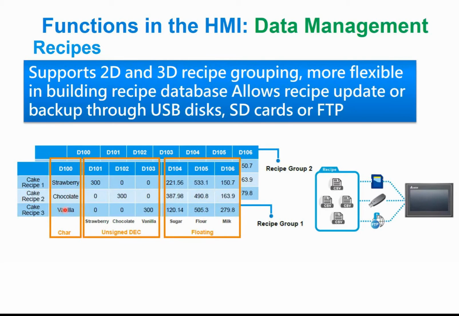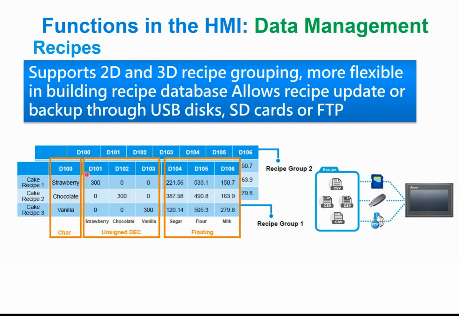For example, let's say you are making cake on one machine, maybe at the same speed, but you want to make different types of cake. Then this recipe function will be very handy. You set up a recipe for each cake. Maybe recipe 1 is a strawberry cake, so you set how much strawberry: strawberry is 300, chocolate is 0, vanilla is 0.